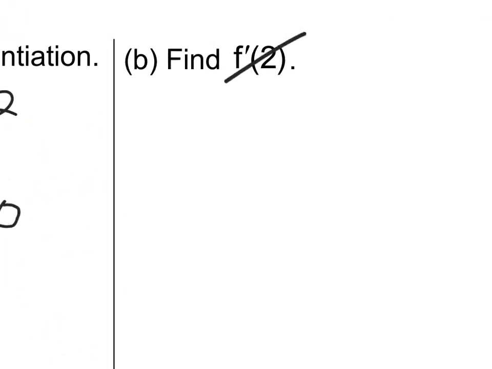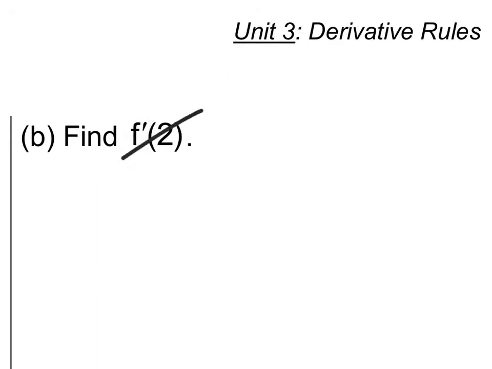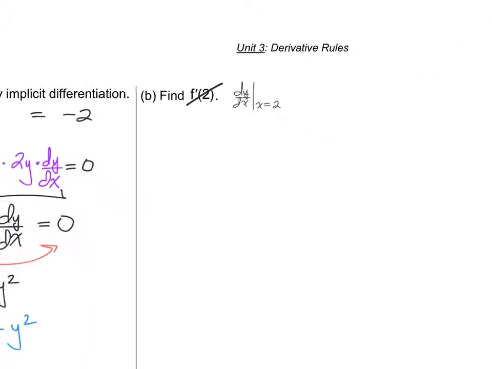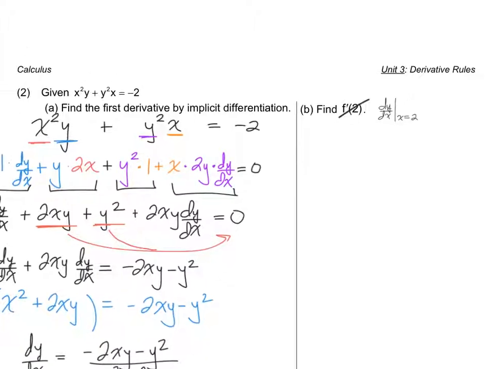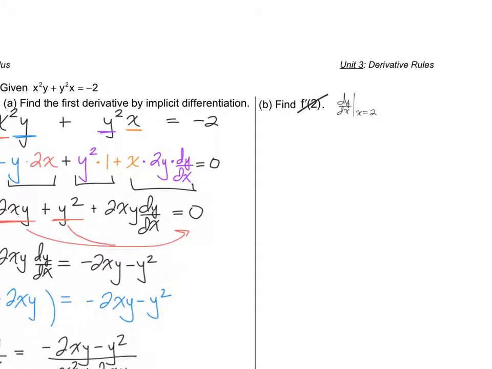It really should be the derivative when x is equal to 2. So the derivative of y with respect to x when x is equal to 2.